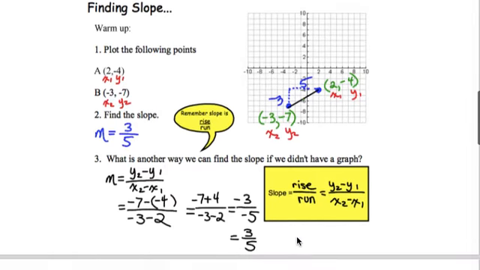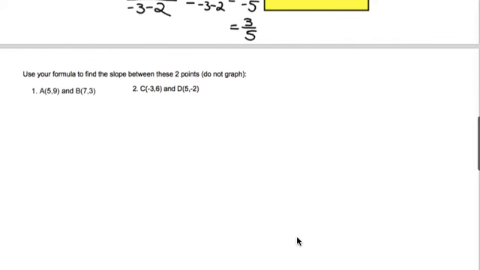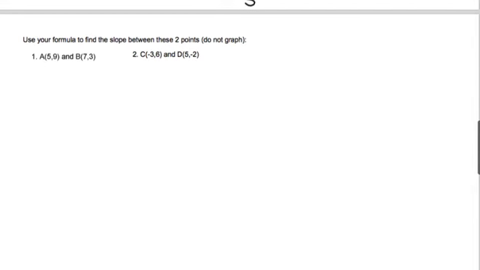What we're going to do is, without graphing, use that formula. Let's write it down here. We have m equals y2 minus y1 over x2 minus x1.